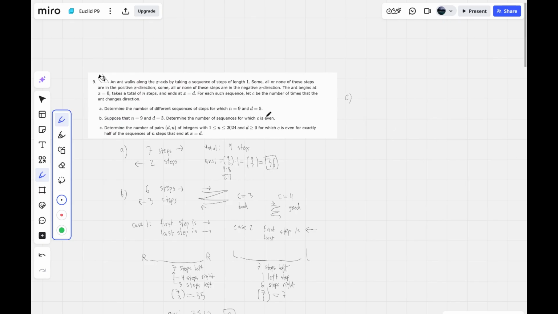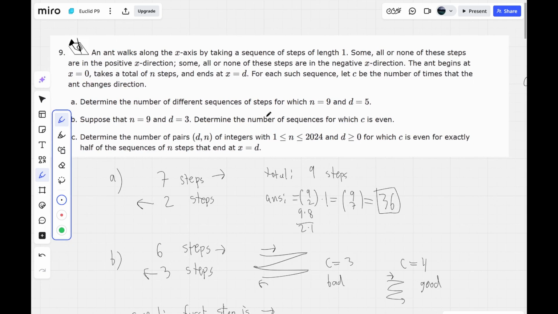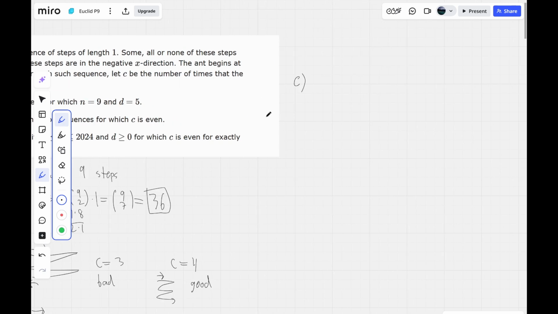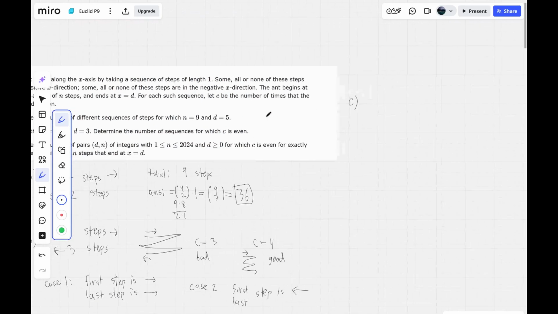So we need to find the number of sequences for which C is even, and you need that to be equal to exactly half of the sequences in total. So we can do the same thing as part B, right?